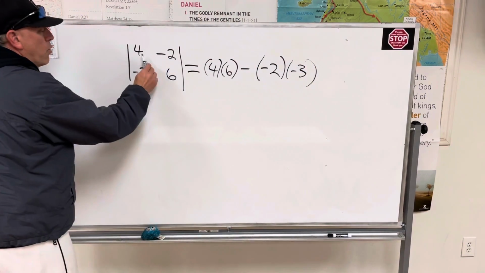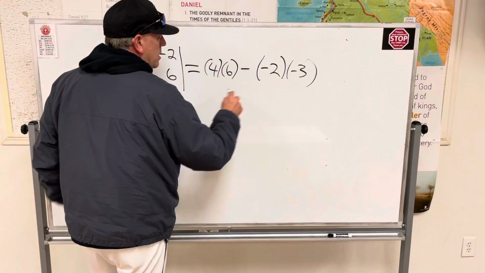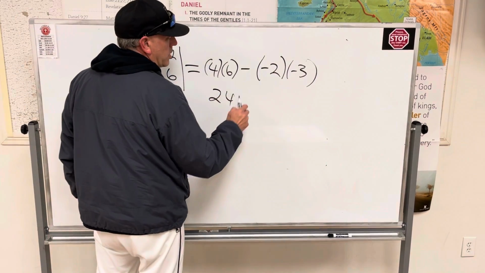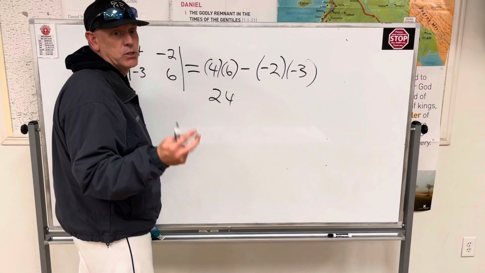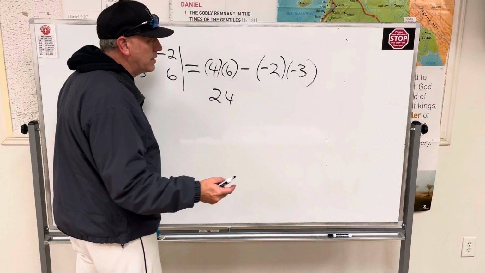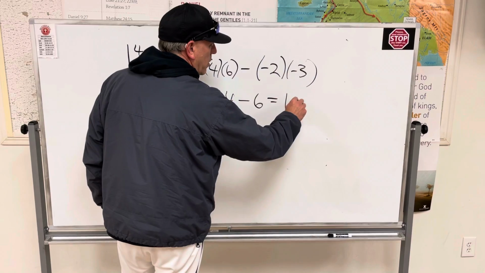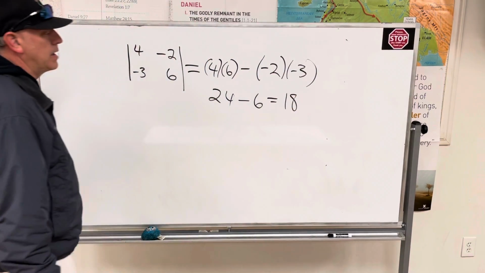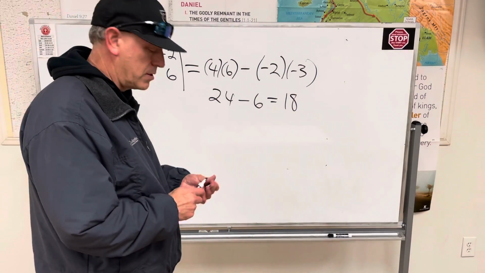So that's 24. Now you see minus, a minus, and a minus. A minus times a minus is a plus, times another minus is a minus. So we're going to get minus 6, and that is going to give us the number 18. So that's how you do determinants.